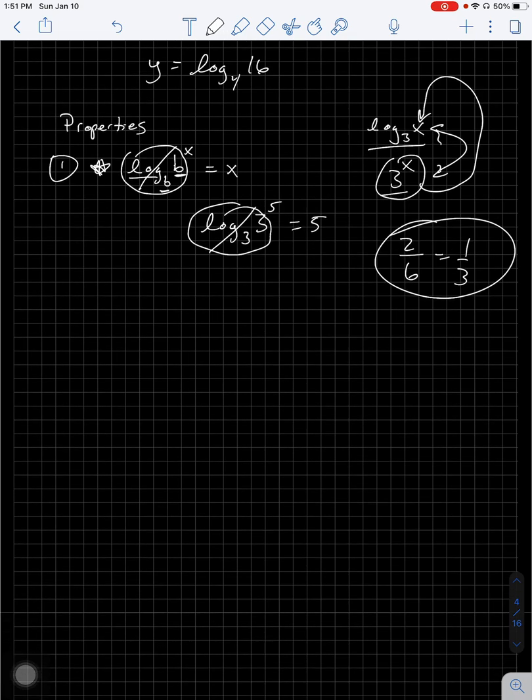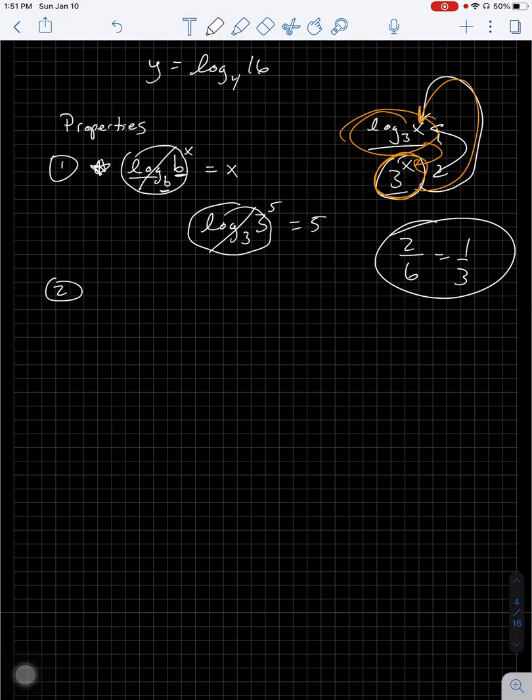The second property is similar, but the other way around, because remember, with inverses you don't just plug this into this. You also can take the log and plug it into the exponential.